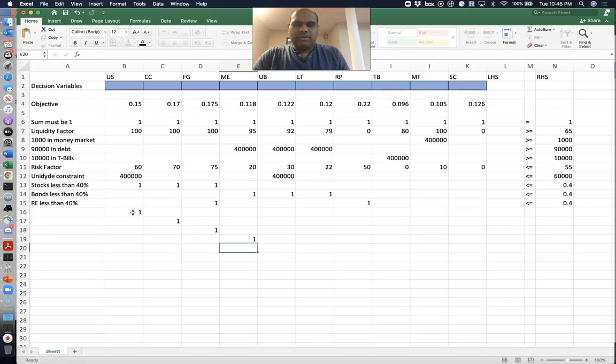The only constraint that we don't have is the money market fund, so we're going to write that next. This has to be less than or equal to 20%.